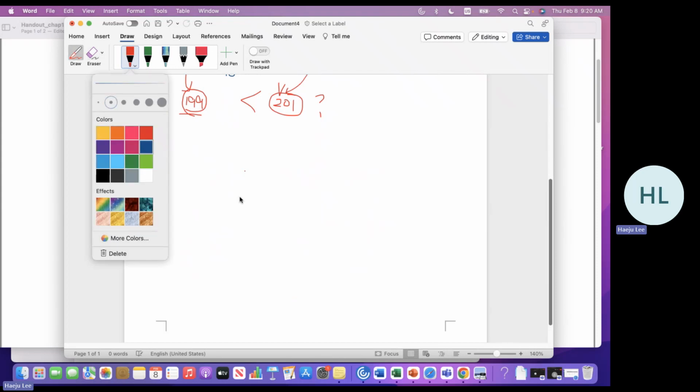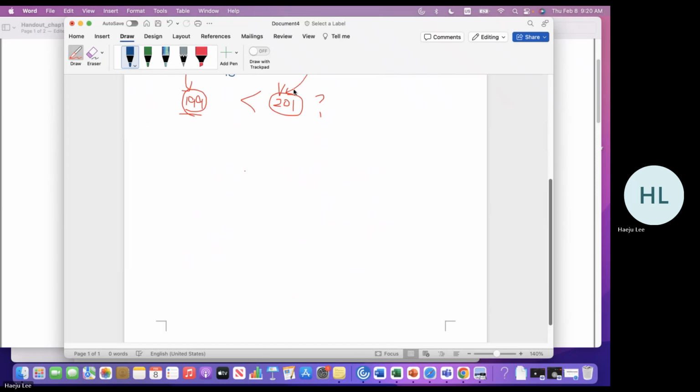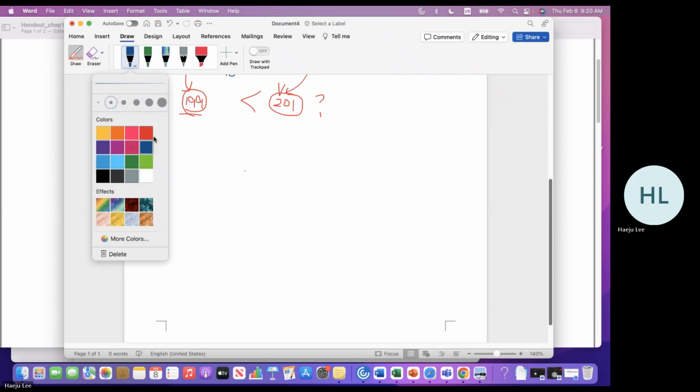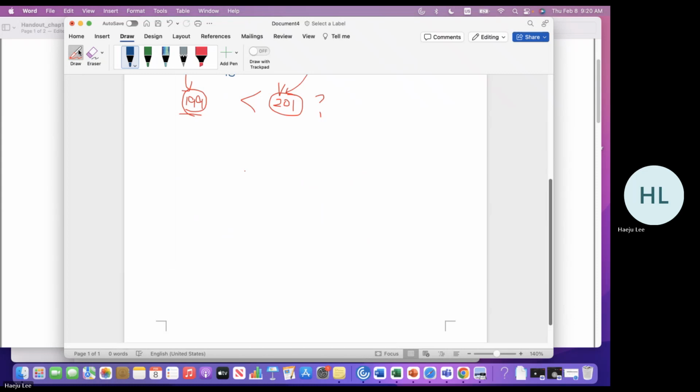For the math scores for 2021, the mean is 200, right? And the standard deviation is 10.